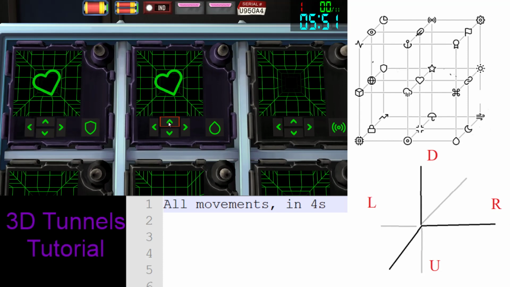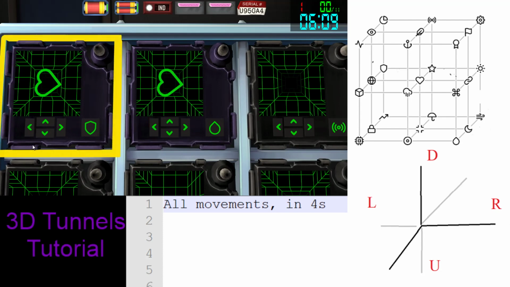And now we need front and back. As I've cycled through these a couple times, you may have noticed that on 3 cycles, I always hit the same symbol. 3 movements. Well, let me back up.